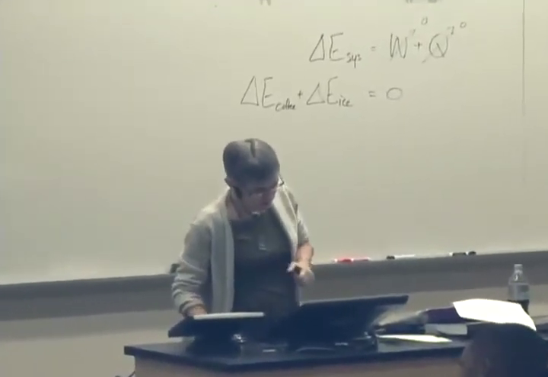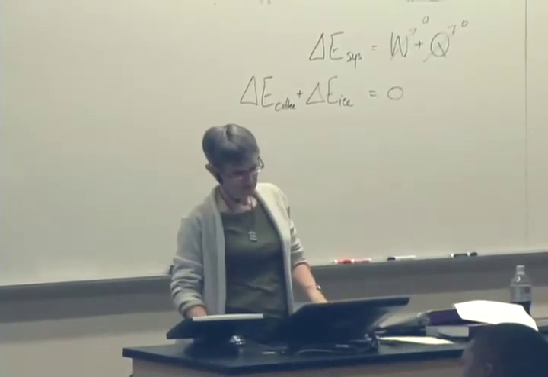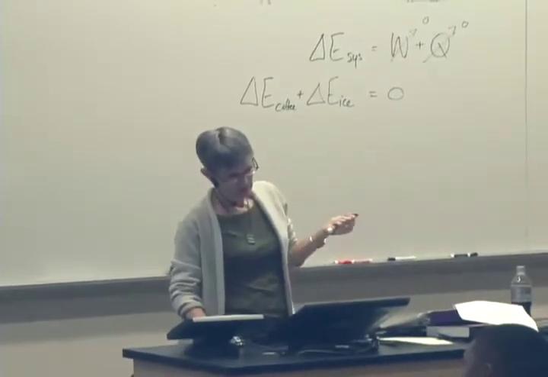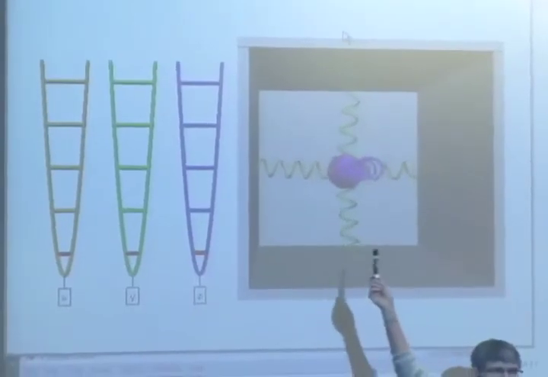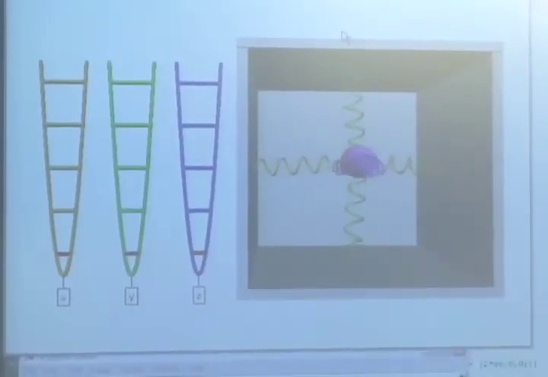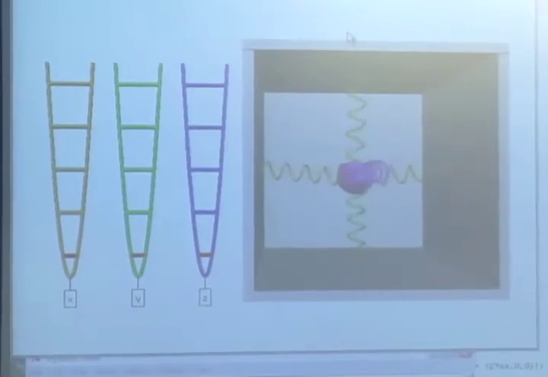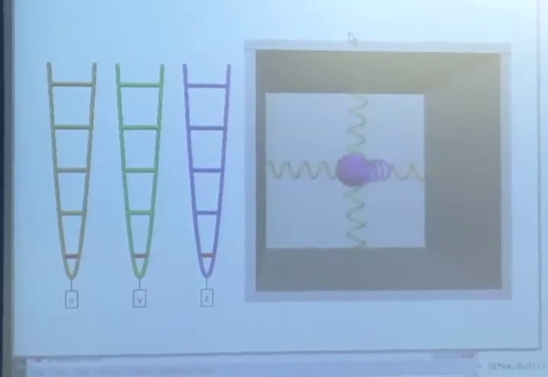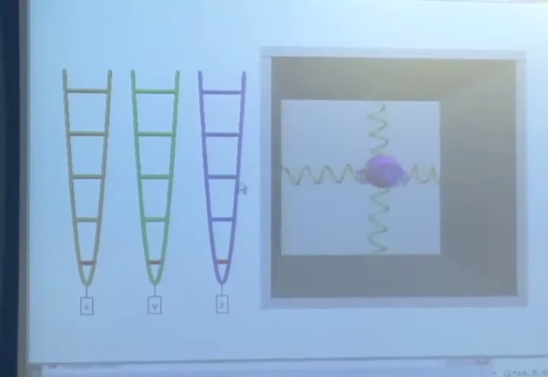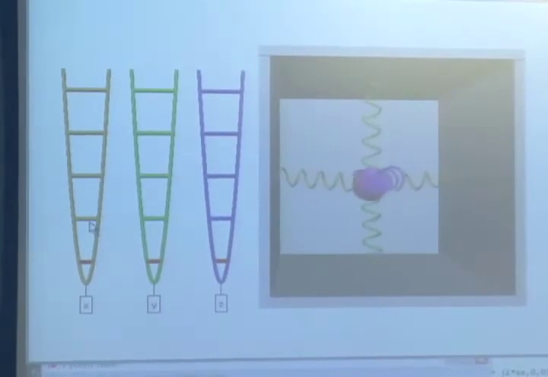Well, it's not really very different, except that suppose we consider one atom in our solid. It can oscillate in the x direction, the y direction, or the z direction. And presumably we could put 1 quantum of energy, or 2 quanta, or 3 quanta, or 4 quanta of energy into oscillations in the x direction.